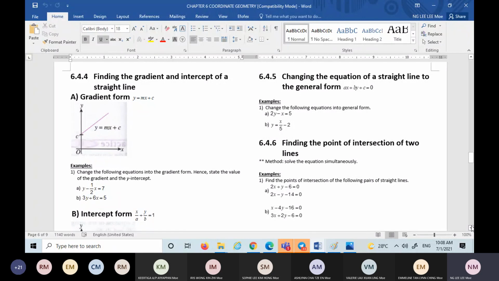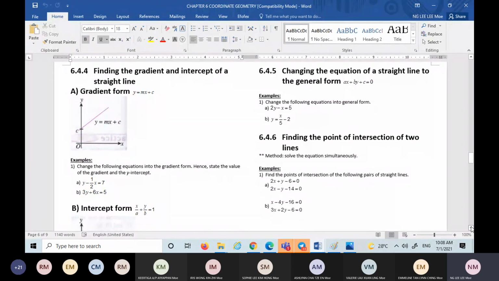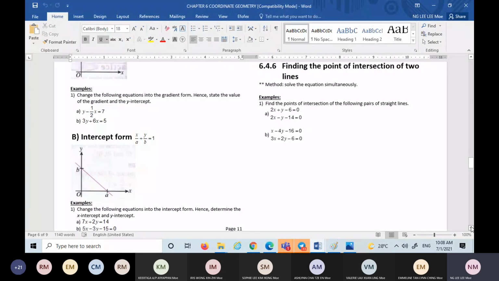You must know gradient form, intercept form. Changing the equation of the straight line to general form, and then you must know general form. Finding the point of intersection of 2 lines. This one no problem, you just solve simultaneously. All these skills you need when doing this chapter's questions.